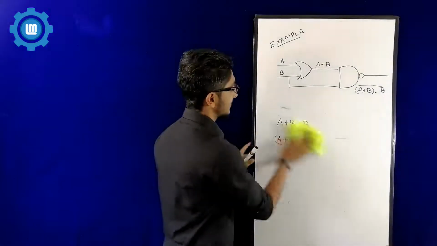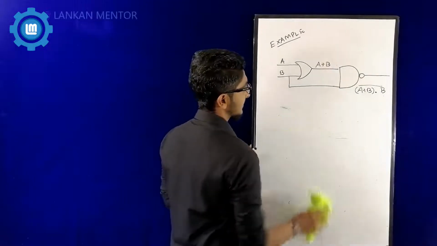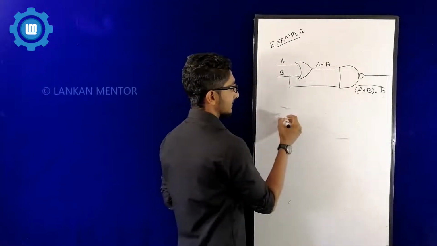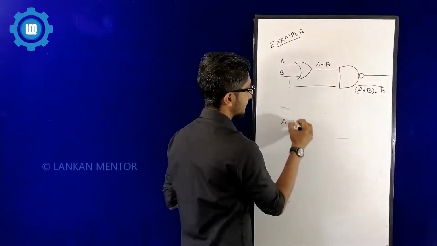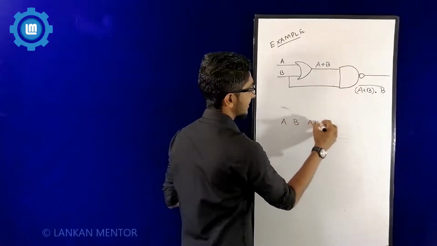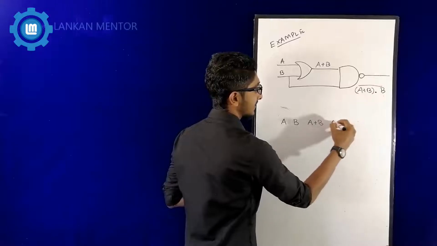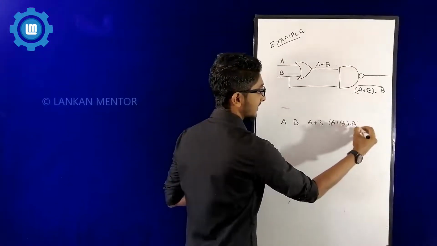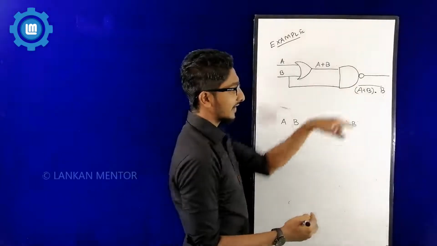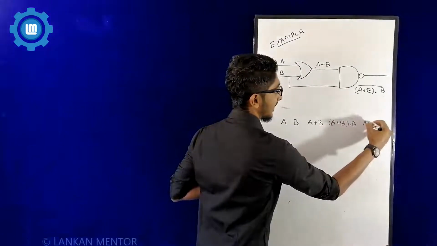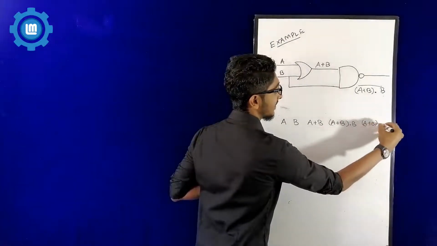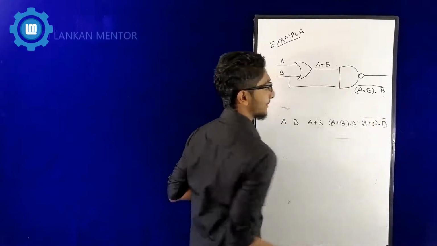Okay, so now we'll go to the truth table of this circuit. First we have A, B, A plus B, A plus B dot B, and then the final output, A plus B dot B bar.